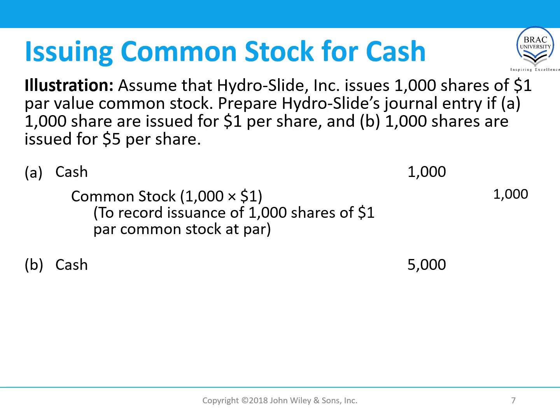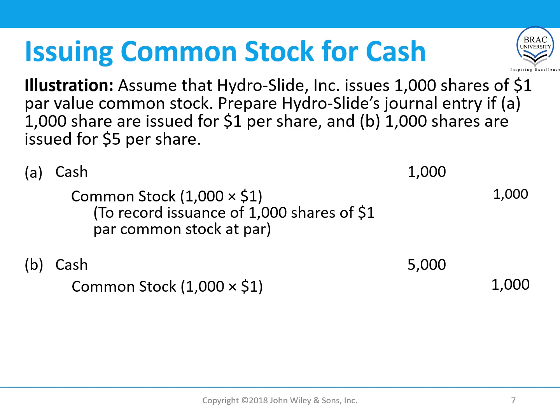Here again, cash should be debited by $5,000 because the stocks were issued for $5 per share, so $5 multiplied by 1,000 comes to $5,000. Then we will write common stock under the par value, so 1,000 multiplied by $1 par value comes to $1,000.